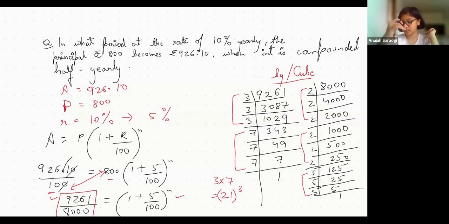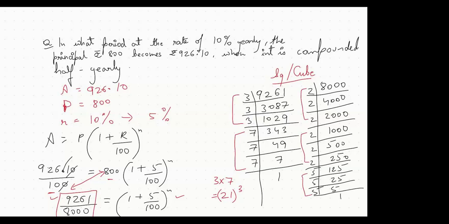Ma'am, the answer is 20. Yes, very good, Edric and Anaya. The answer for this one is 2 into 2 into 5, that is 20.